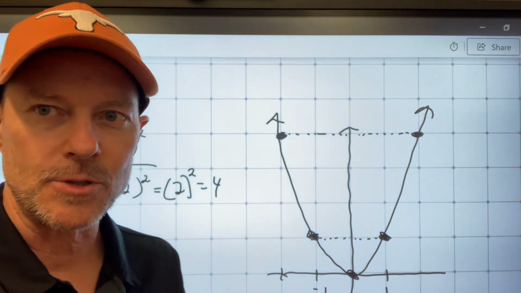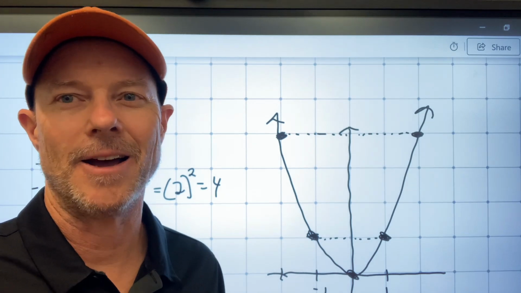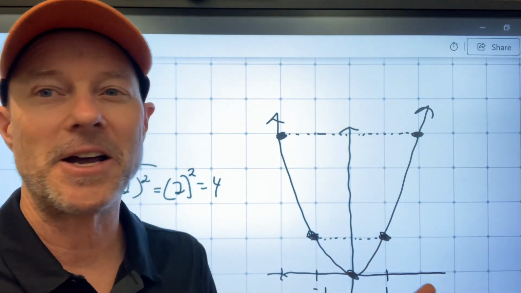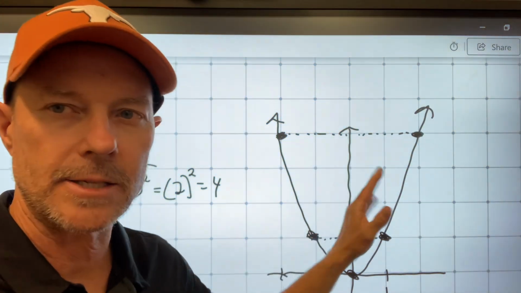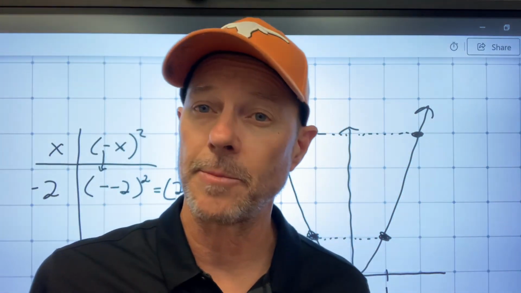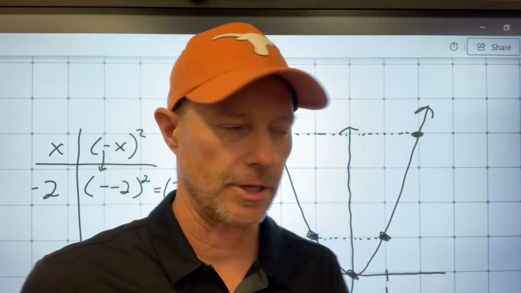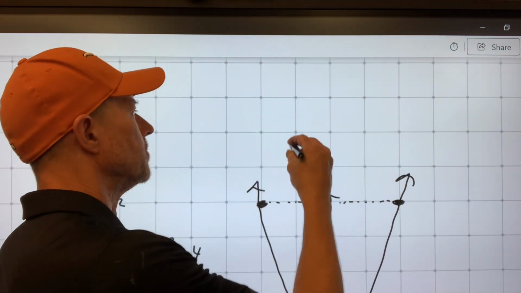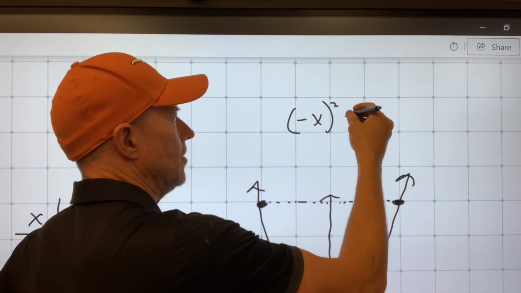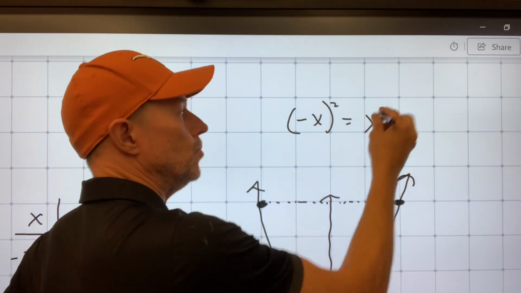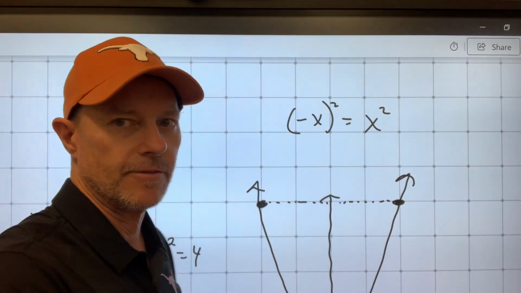So sometimes when you reflect, you don't change the graph. If you reflect left and right over the y-axis and you don't change the graph, it's a very special type of graph called an even function. And any function where you put in a negative, you simplify and you get the original function out, is called an even function.